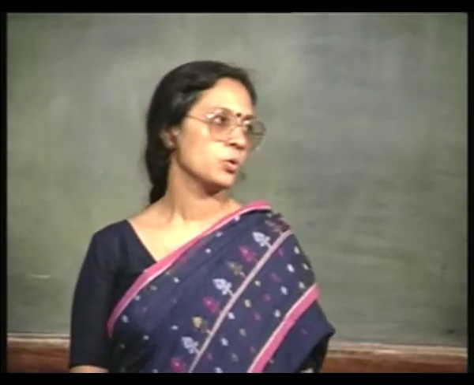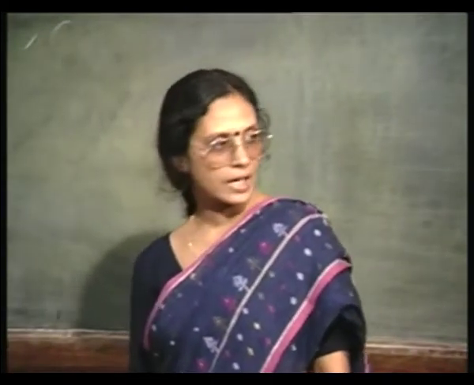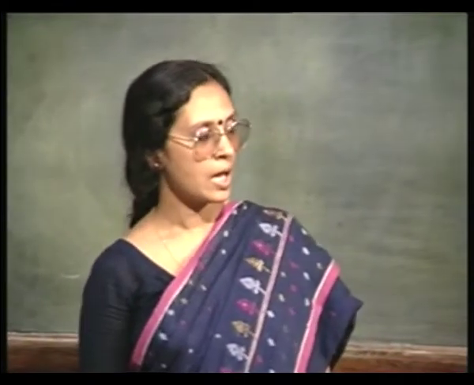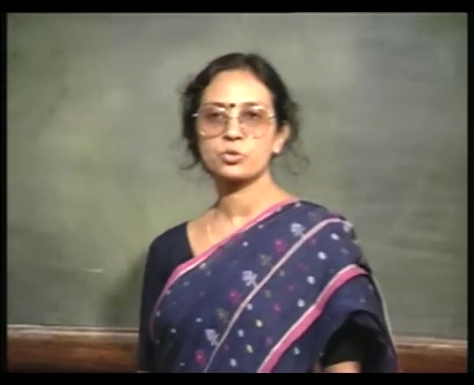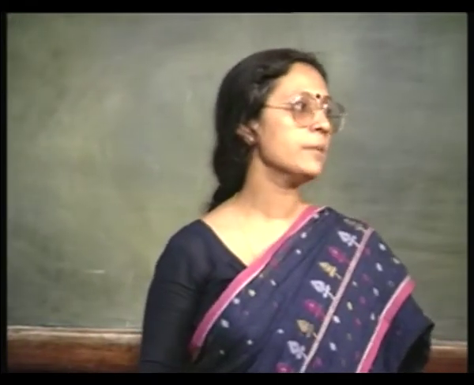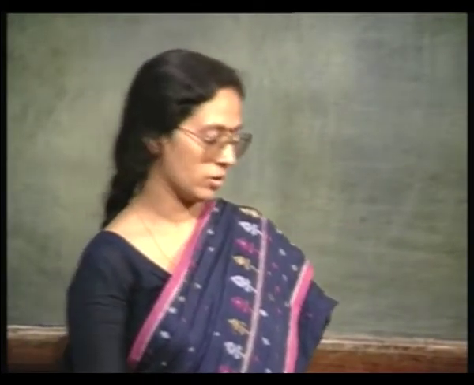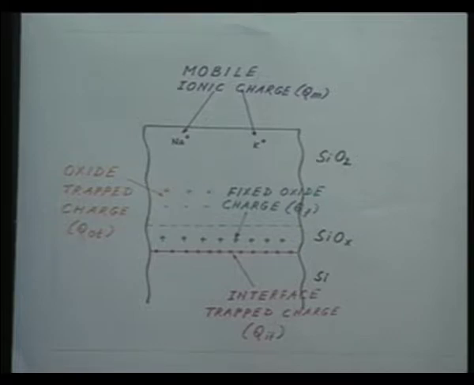Last class we were discussing the different charges which are present in the oxide, and these charges should not be there in the oxide. So, they in a way decide the quality of the oxide. Looking back at the presence of the charges, we have seen that first of all there are the interface trap charges right at the silicon dioxide interface, and then within 100 angstrom thickness we have positive fixed oxide charges or QF.